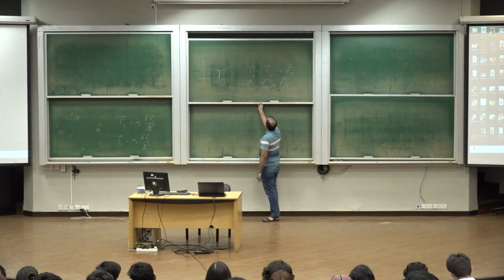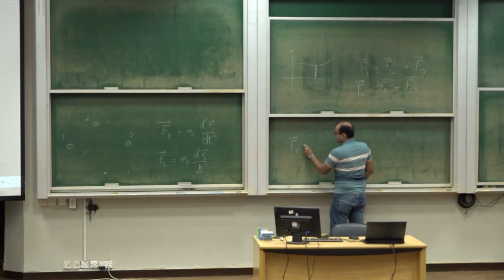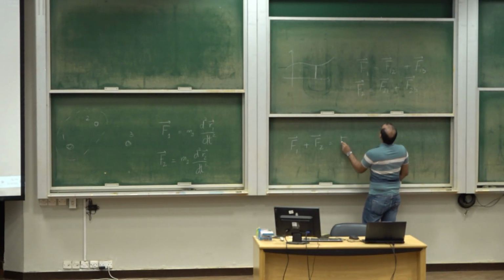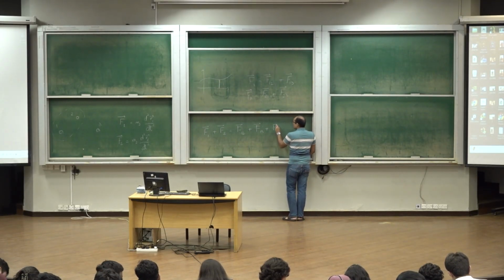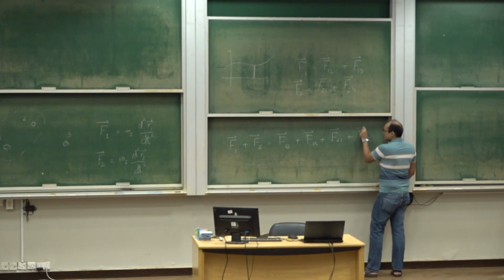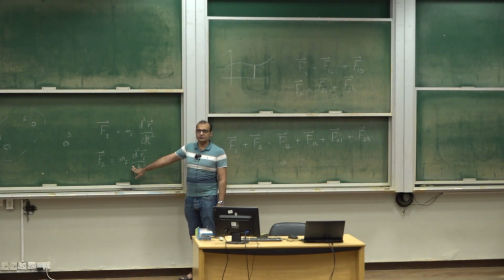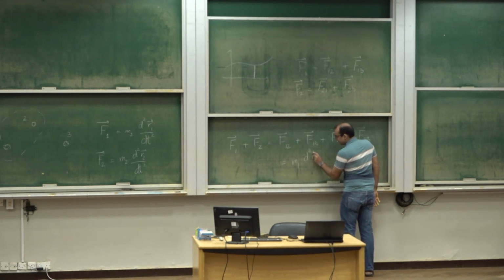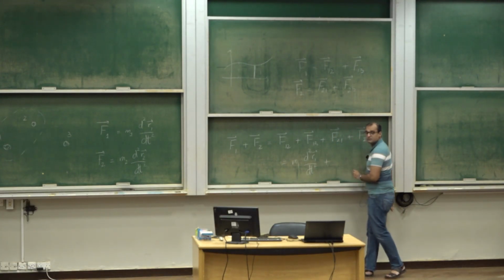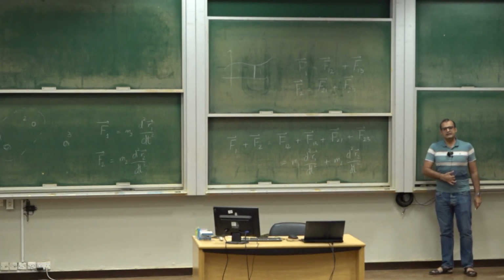Okay, अच्छा okay. So now if you add these two equations, what do you get? You get that F₁ plus F₂ equals F₁₂ plus F₁₃ plus F₂₁ plus F₂₃, equals by Newton's third law, now F1 was equal to this, F2 was equal to this, and therefore I can write that this thing is also equal to m1 times the double derivative of r1 plus m2 times the double derivative of r2, right?